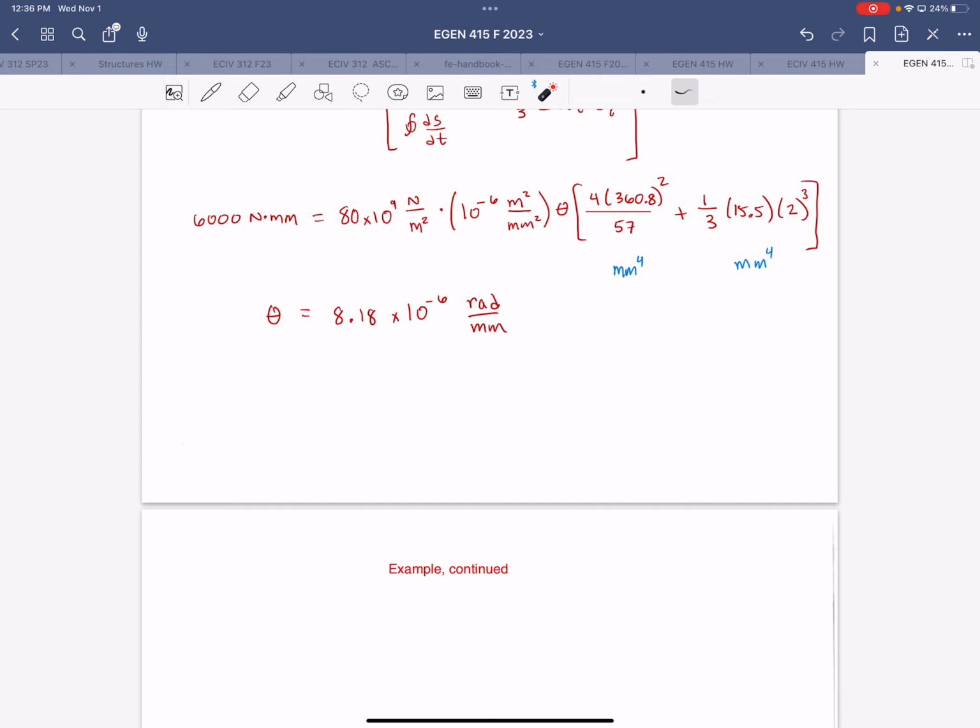Yeah, so if you imagine something that's fixed at one end, and here's your torque, that would cause twisting in that direction. So your maximum angle is going to be at the free end, right? At the fixed end, you're not going to have any angle of twist. So it's kind of along those lines.